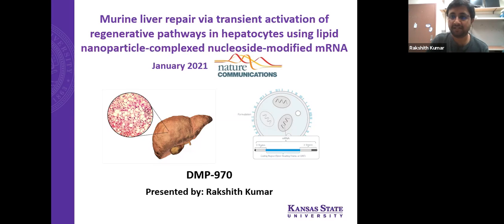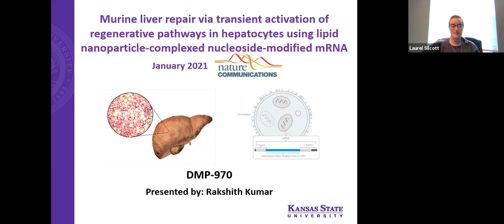To mitigate that, we have to give multiple treatments, multiple injections. But this is for transient expression. If we want to reduce the steatotic liver to the normal form, we can use it. Some more studies are required to know about this, or to increase the dose, and dose-dependent studies have to be done. Okay, thank you.